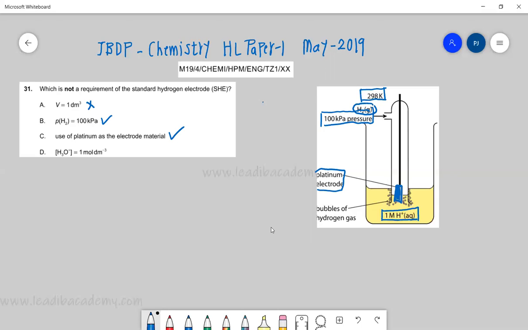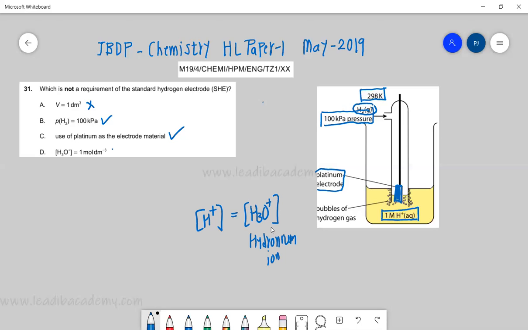Yes, because as I told you, H plus and H3O plus are equivalent. We have seen this many times. H plus, the proton, does exist as H3O plus, the hydronium ion. So they are equivalent.